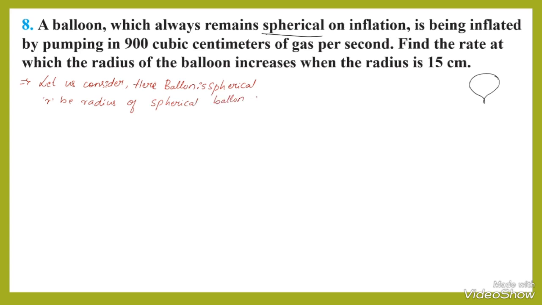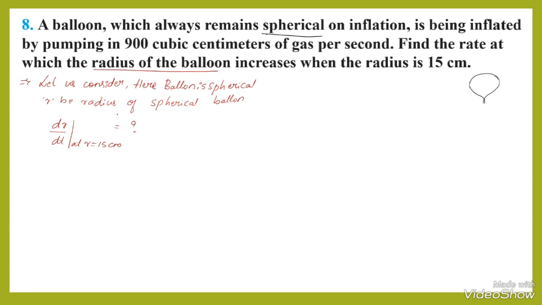Then we have to find the rate of change of the radius of the balloon. Find the rate at which the radius of the balloon increases when the radius is 15 centimeter. So we have to find dr by dt at r equals 15 centimeter. We have to calculate this one.